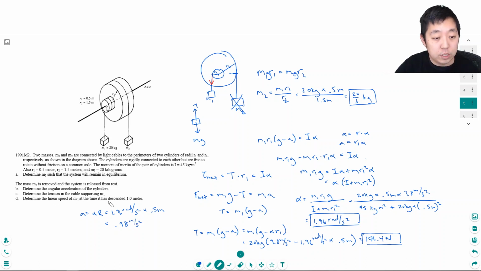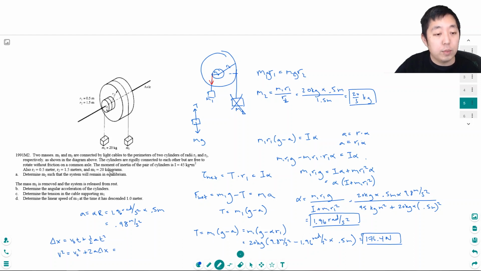And then I want to know its speed when it has descended 1 meter, so I use my kinematic equation. Delta x is equal to v naught t plus 1/2 a t squared. This thing is released from rest, I assume. Actually, this would require me to know the time. So I'm going to use the other equation that relates velocity, acceleration, and position. V squared is equal to v naught squared plus 2a delta x.